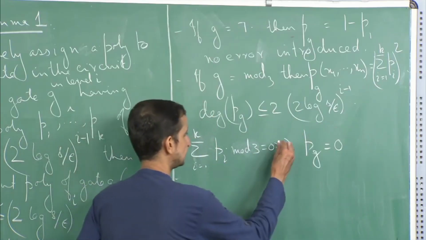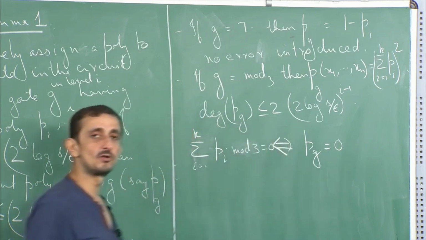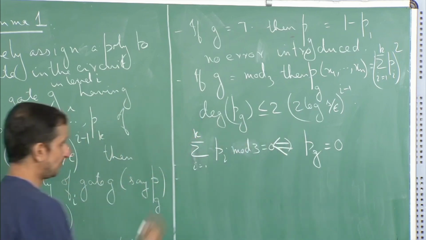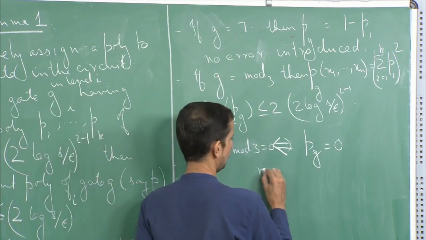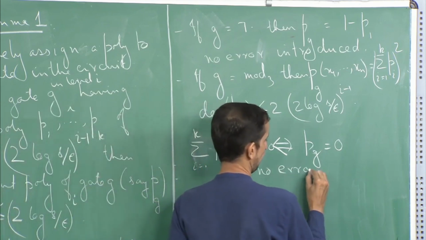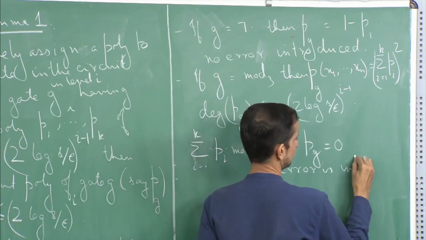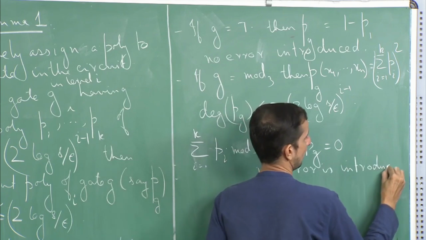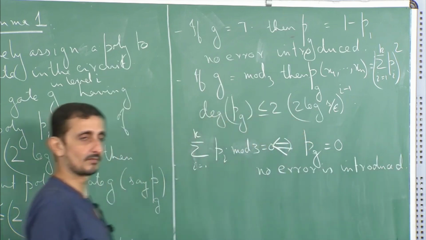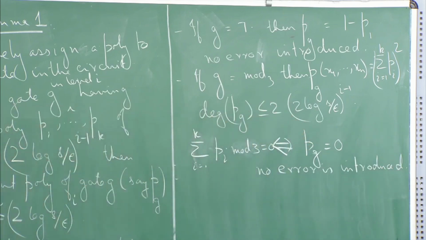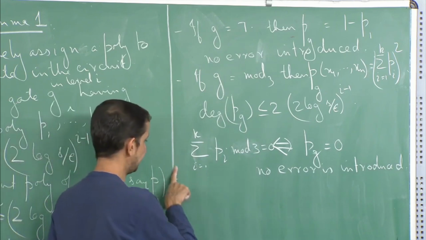So, this is an if and only if condition. Even in this case, no error is introduced. So, this takes care of the mod 3 gate as well.